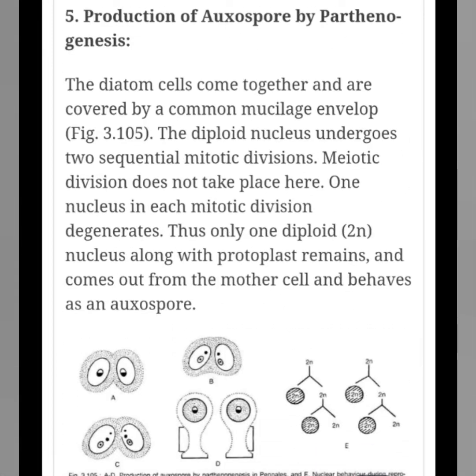Because the diploid nucleus here does not fuse, it does not come out from the parent cell; instead each will give rise to a new individual. They will act as the auxospore and will give rise to a new individual without undergoing fusion. That process is known as parthenogenesis. All right.